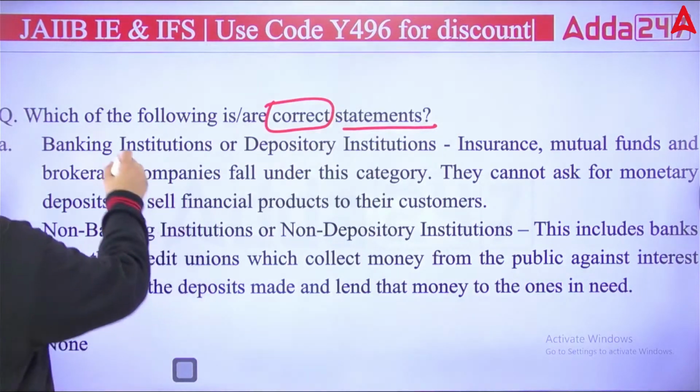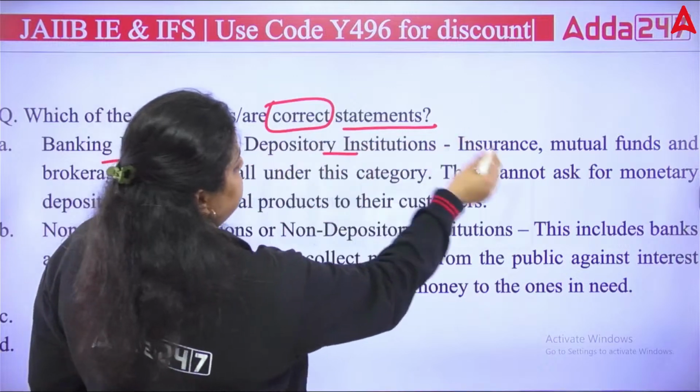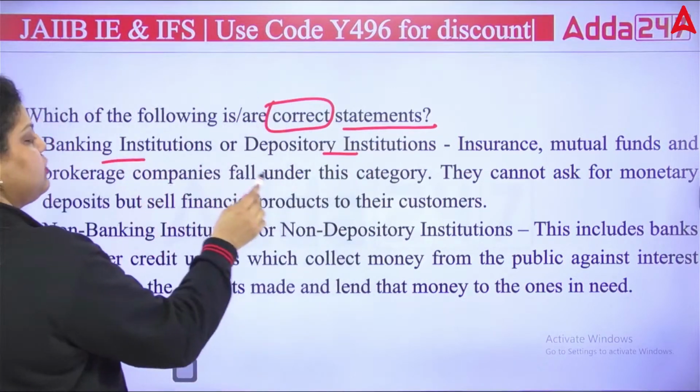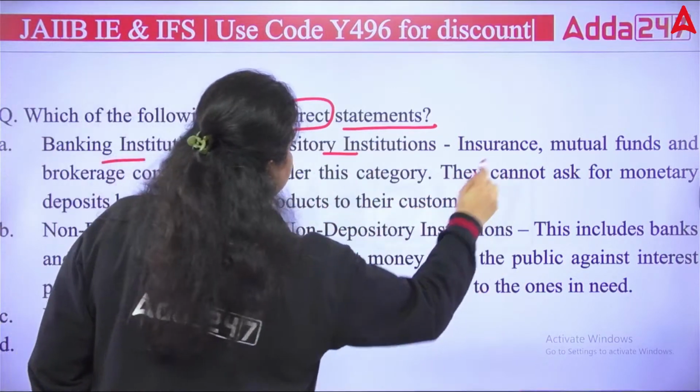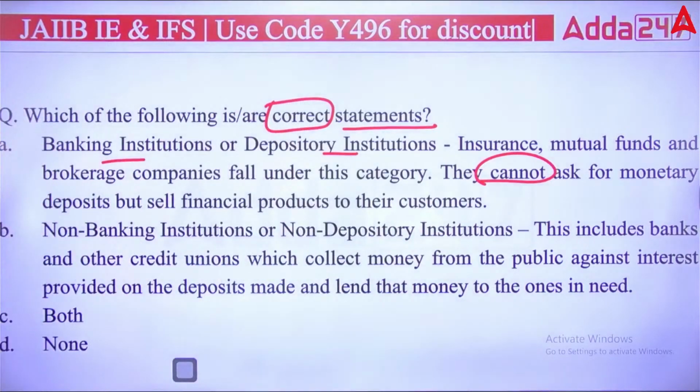So C. First is saying banking institution, depository institution, insurance, mutual fund and brokerage companies fall under this category. They cannot ask for monetary deposit but sell financial products and services. Second is saying non-banking institution. This includes banks and other credit unions which collect money from the public against interest provided on the deposit made and lend that money to those in need.